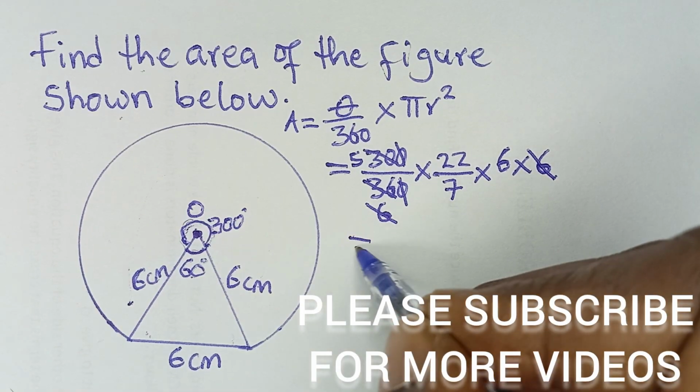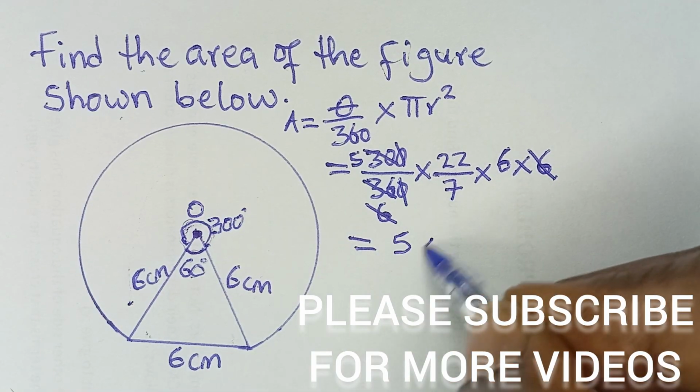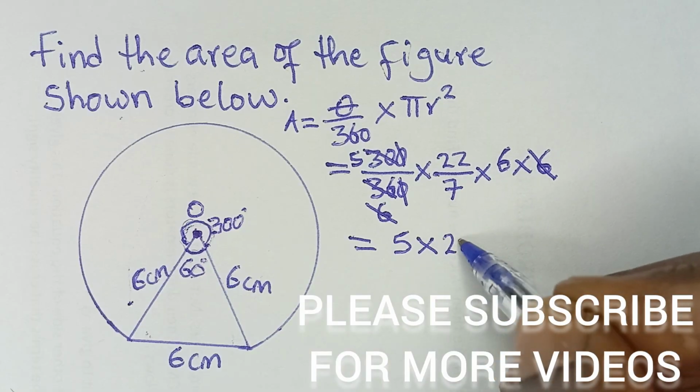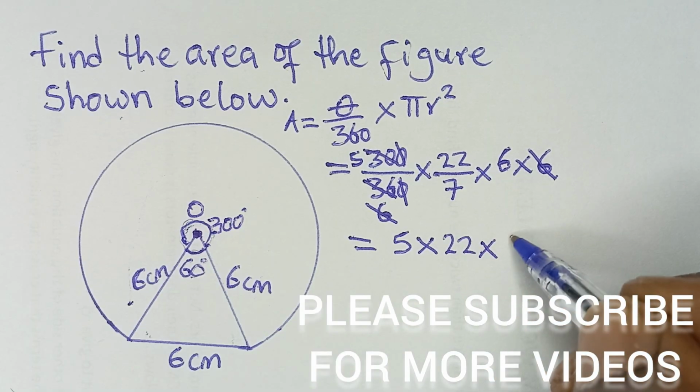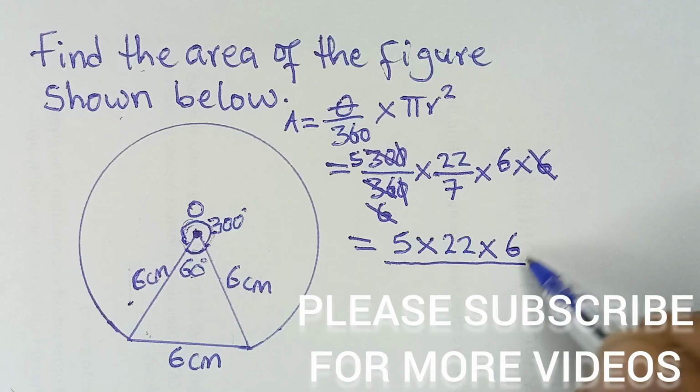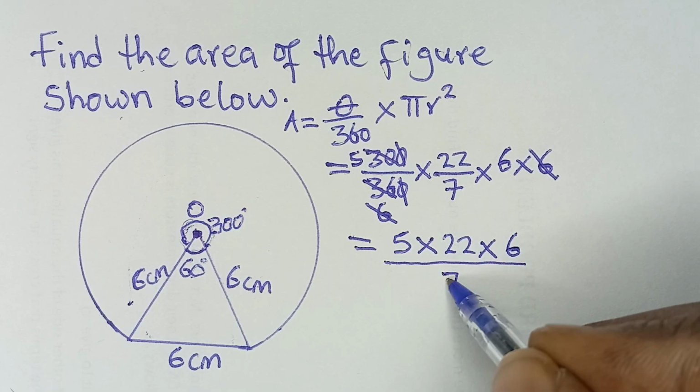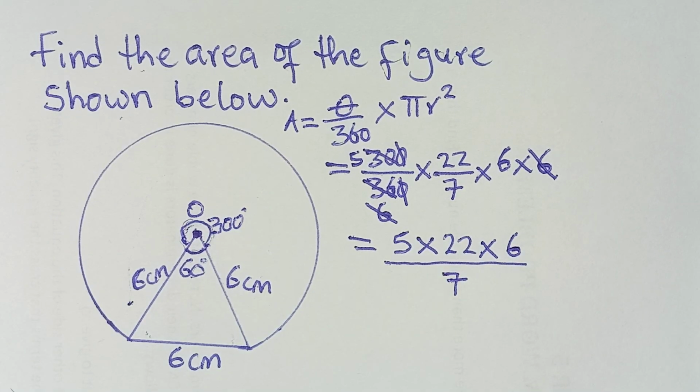So what I have left now is 5 multiplied by 22 multiplied by 6, then all divided by 7 that I have under there. That is what I have left. For us to simplify that, the sum of everything is going to give us the value 94.3.